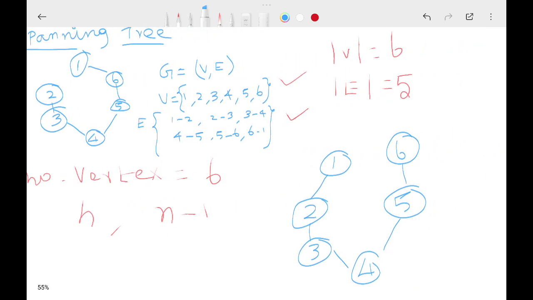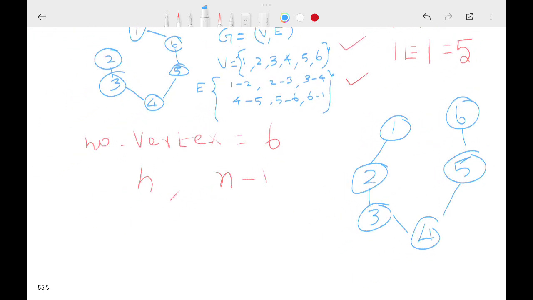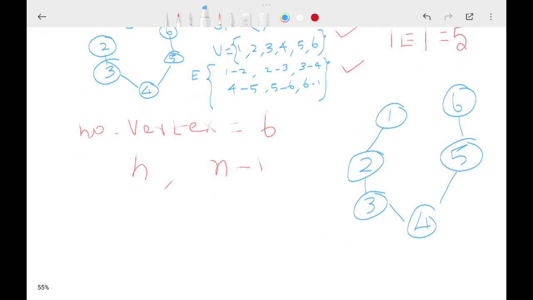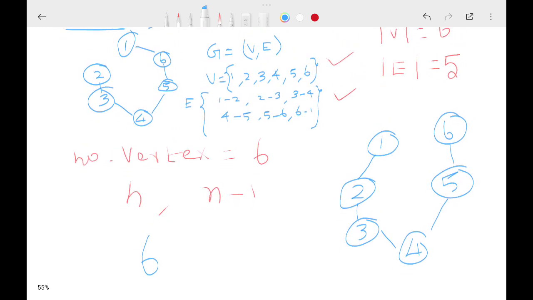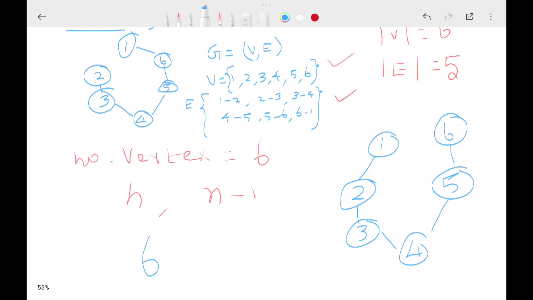Our problem is we need to find a subset of these edges. In this example, we have 6 edges, and we need to select 5 edges from these 6 edges.